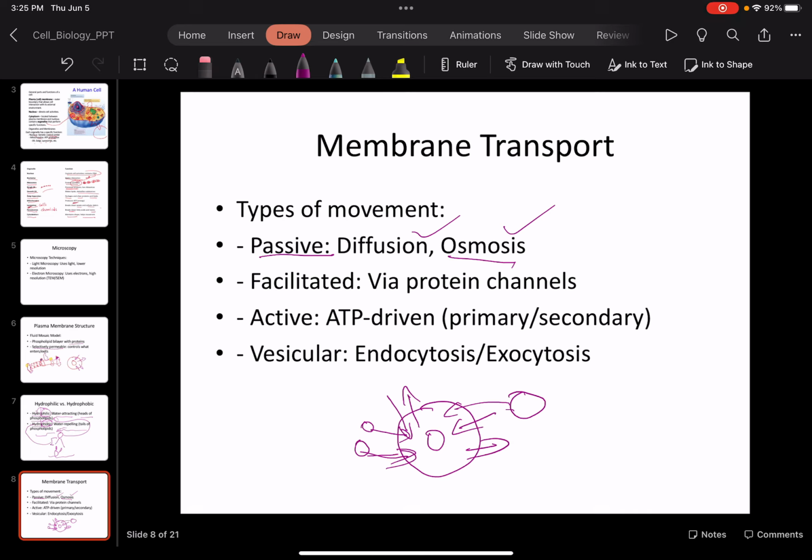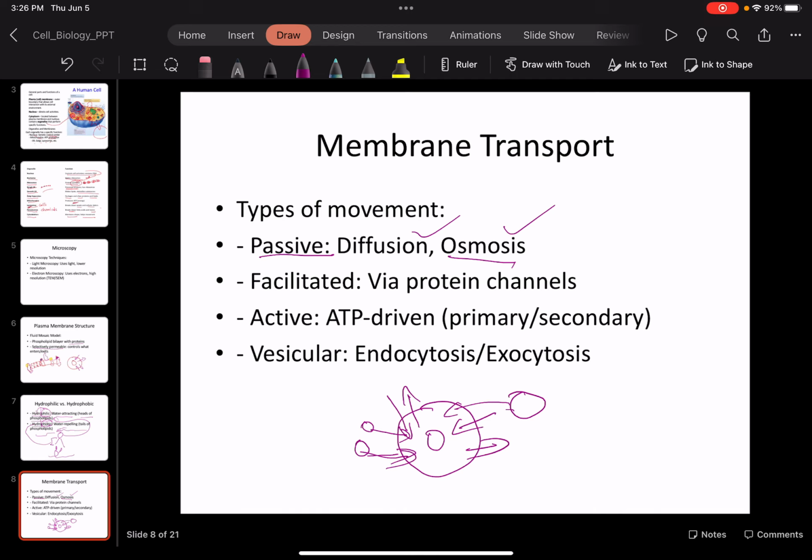So diffusion is chemicals going in and out. Water goes in and out through the process called osmosis. Think about spraying a perfume in a certain place. If you give some time, what happens? The perfume will diffuse from the higher concentration to lower concentration. So diffusion is going from higher concentration to lower concentration.